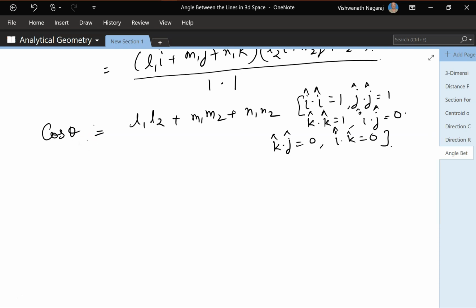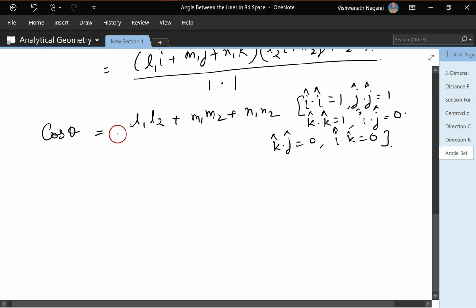So we can say the angle between two lines would be equal to the cos inverse of the sum of the products of the respective direction cosines. Now let's look at it in terms of sine. Sine square theta is equal to 1 minus cos square theta.